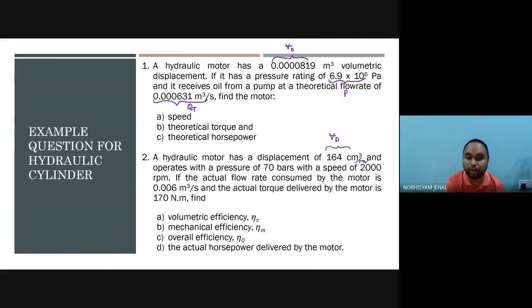It operates with a pressure of 70 bars, which is 70 times 100 times 10 to the power of 3. Remember, 1 bar equals 100 kilo Pascal.